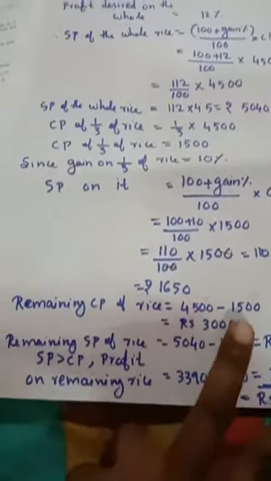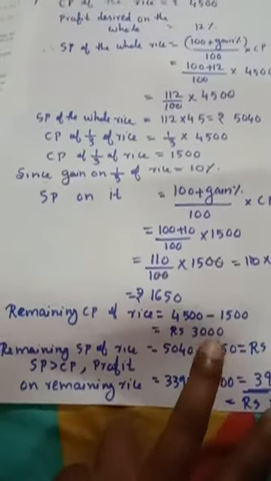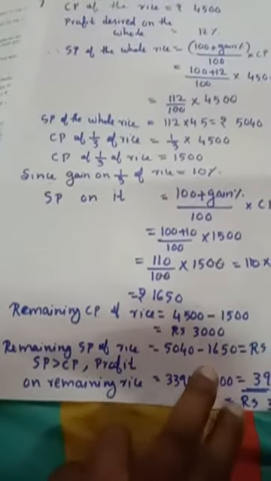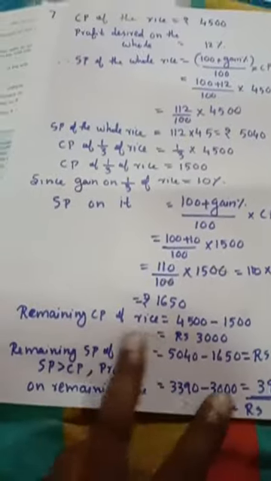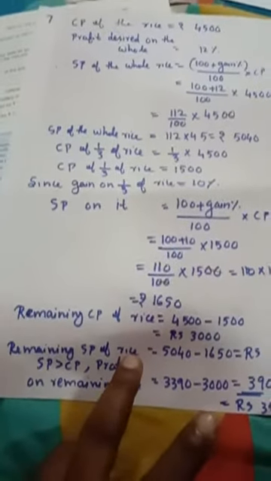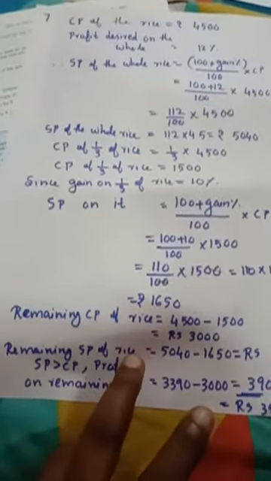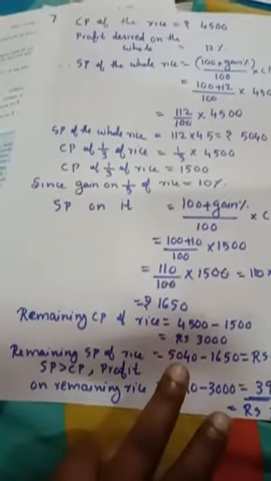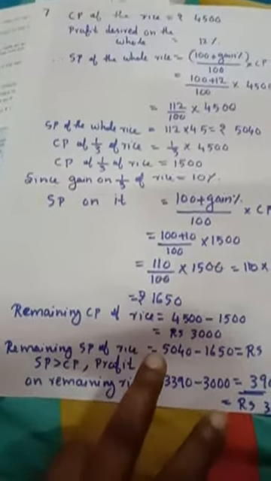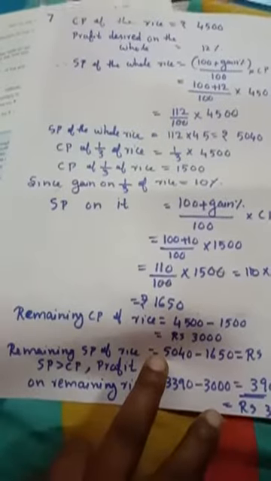That is 4,500 minus 1,500, which is 3,000. 3,000 is the remaining CP. So what is the remaining SP? At what price do we want to sell the remaining rice?